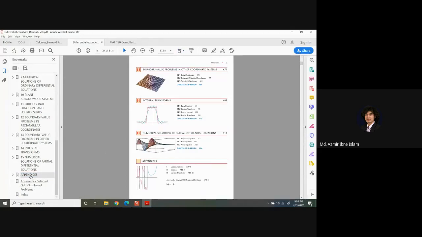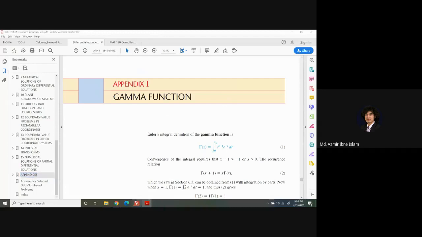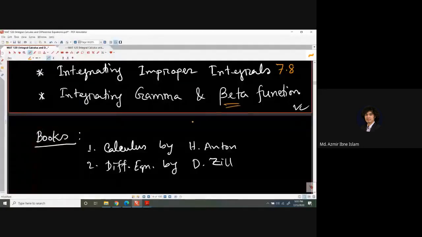But for the beta function, we have to search online to get the insights, because there is no direct content in these two books, or we can check some other books.